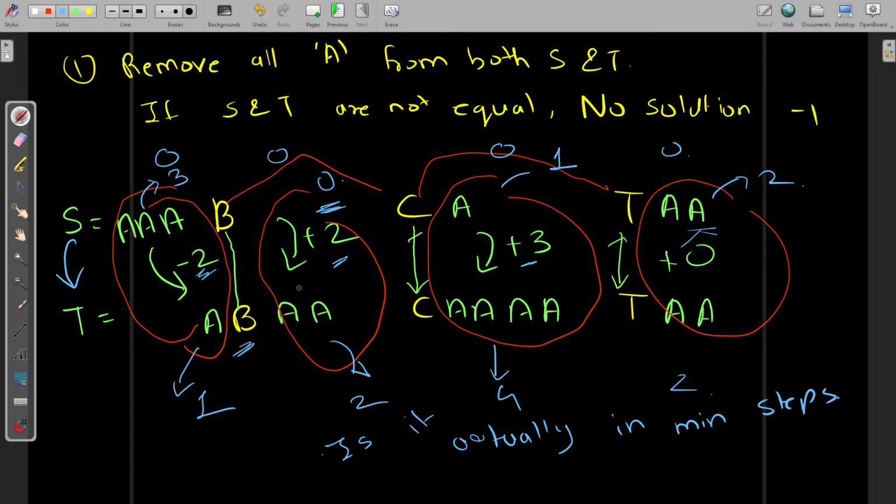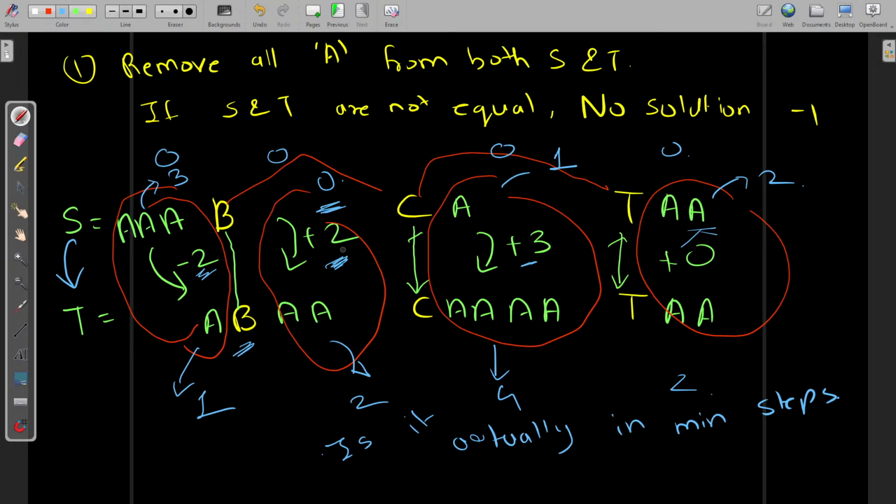So you can surely see if there were already two present between B and C, and in the final string in between B and C we needed two, then we don't have to make any change. But if it was 0 and it needed to be 2, then the shortest way possible, the minimum number of steps, is to add two characters, right?